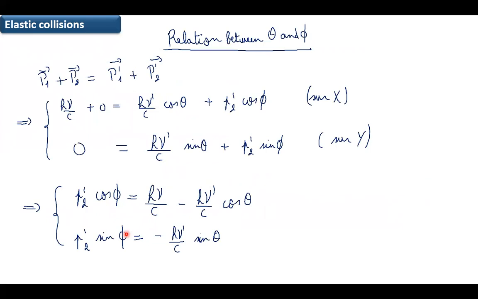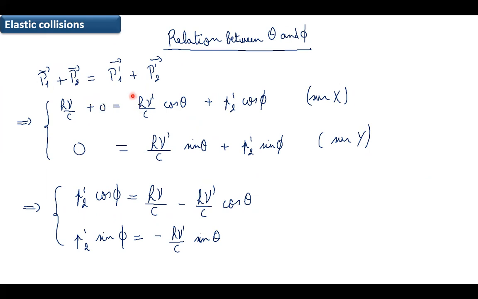Okay, so now we will see the relation between theta and phi. Going back to the conservation of momentum, P1 plus P2 is equal to P prime 1 plus P prime 2. If you take the projections of this equation along x and y, initially P1 is the photon, h nu over c along x, and the electron is at rest, so this is 0.